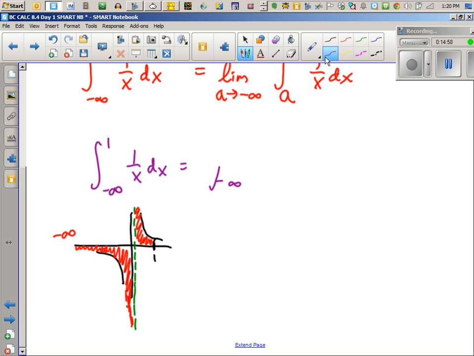Let me rewrite this a little neater. We're going to go from negative infinity to C, where C is a number just shy of that asymptote. And then in front, we're going to write LIM, C goes to 0 from the left.